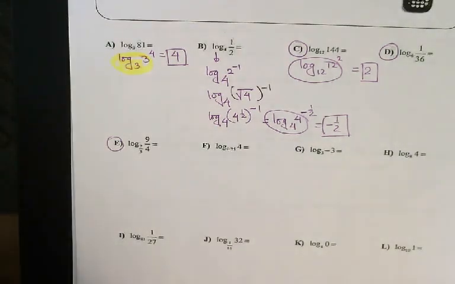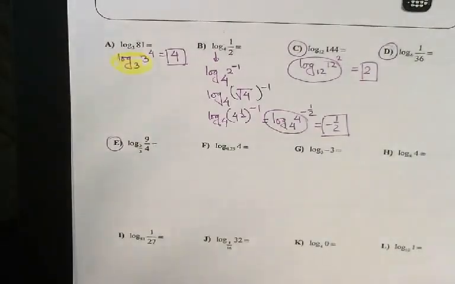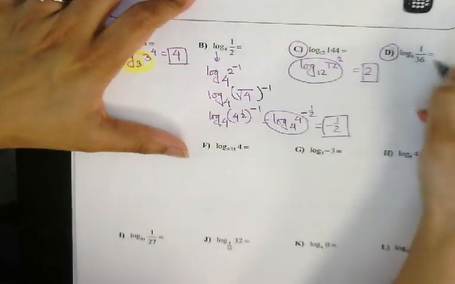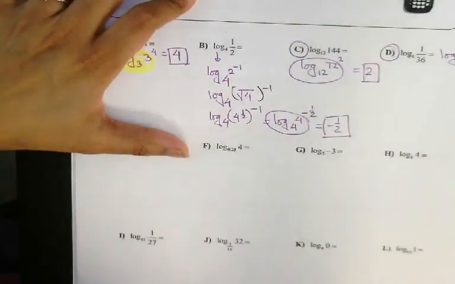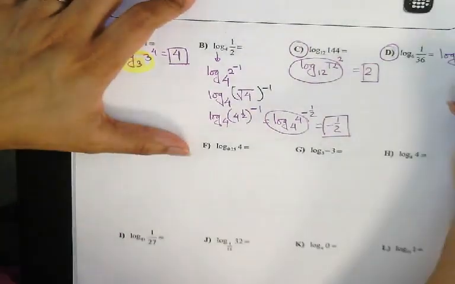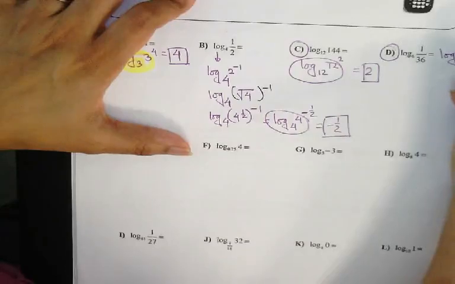Kevin, about D, what's the value? What's the answer? Negative 2. So here, what we're going to do is log 6, and then 1 over 36, I can write as 36 to the power negative 1.